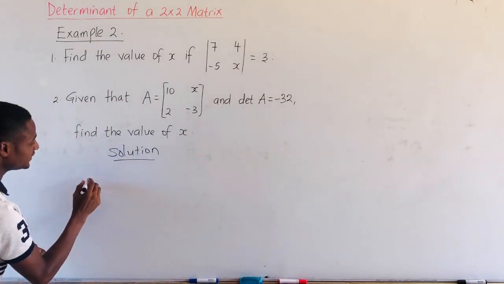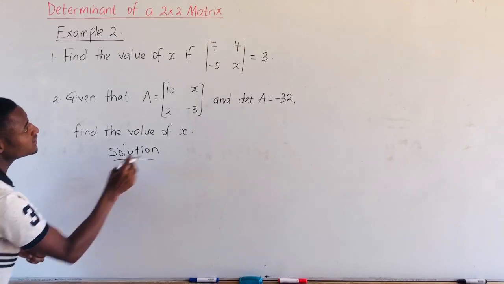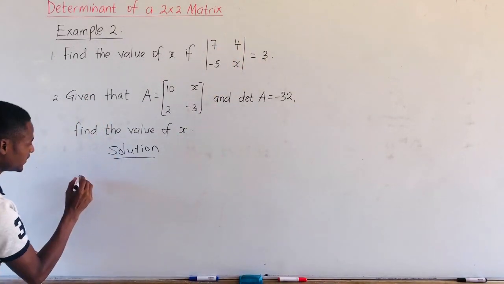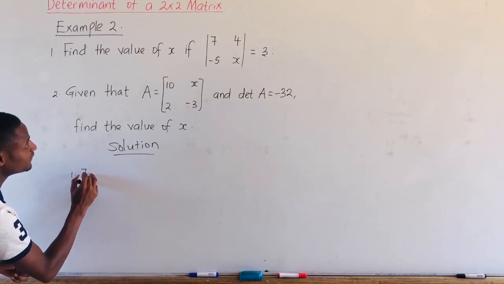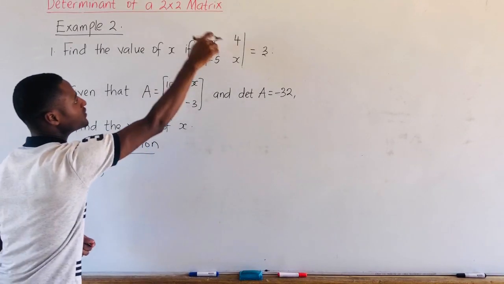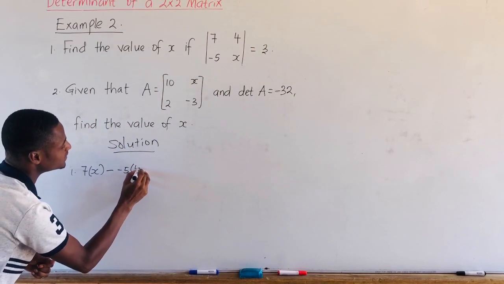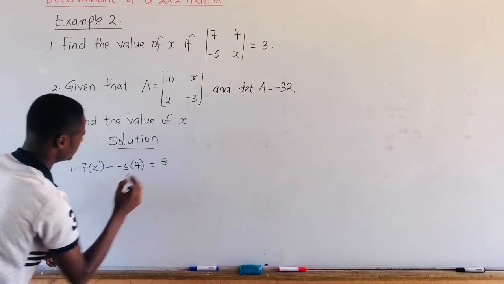And we know the determinant of a matrix is given by the product of the leading diagonal minus the product of the minor diagonal. So that will give us 7 times x, that is the product of the leading diagonal, minus negative 5 times 4, that is the product of the minor diagonal, which is equal to 3.